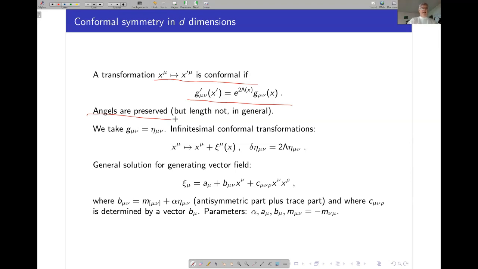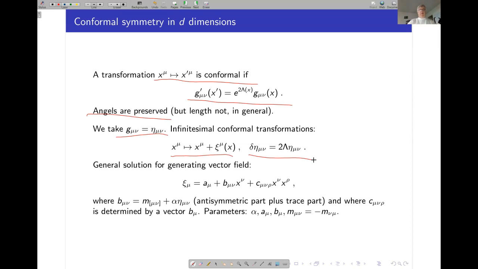Now, let us take in particular a background which is flat. Let's say Minkowski space. Infinitesimal conformal transformations are then generated by vector fields, and they must have the property that the matrix which we have fixed, in our case the Minkowski metric, is modified so that it goes back to itself multiplied by a function lambda.